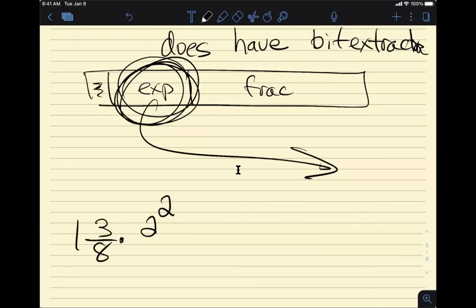So let me use a calculator. So 11 divided by 8 times 4. Okay, and I obviously did a miscalculation. 11 divided by 8, that's 1 3/8.